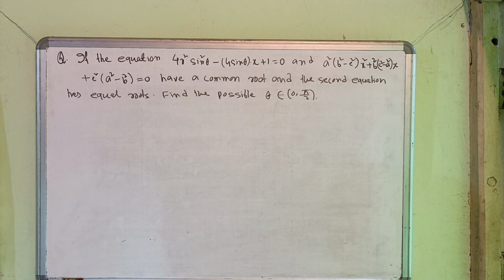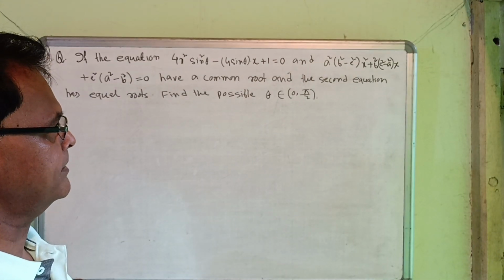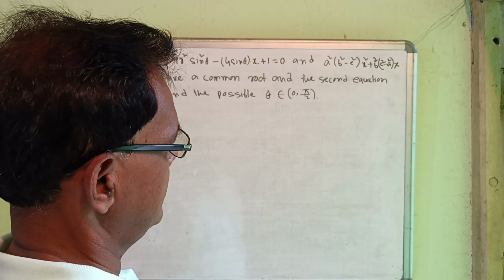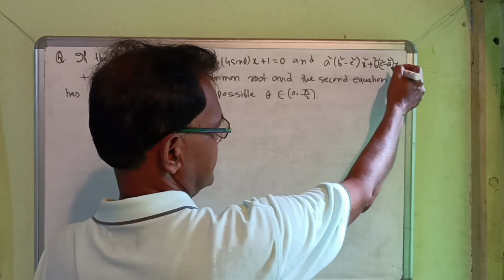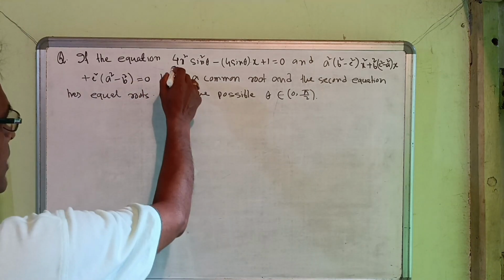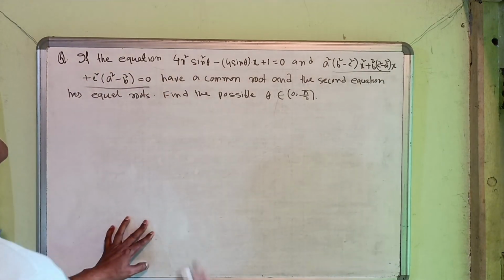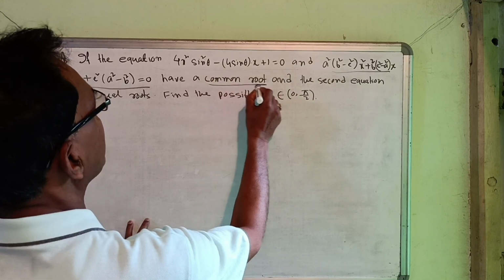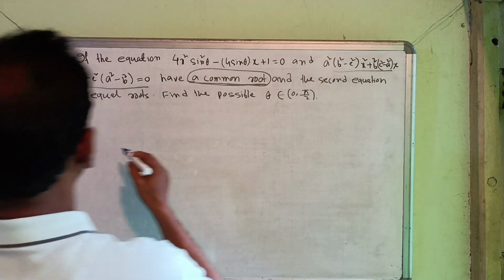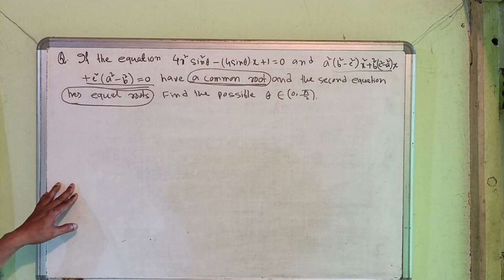If the equation 4x square sin square theta minus 4 sin theta into x plus 1 equal to 0 and a square into (b square minus c square) x square plus b square into (c square minus a square) x plus c square into (a square minus b square) equal to 0 — these two equations, equation 1 and the second equation, have a common root, and the second equation has equal roots.